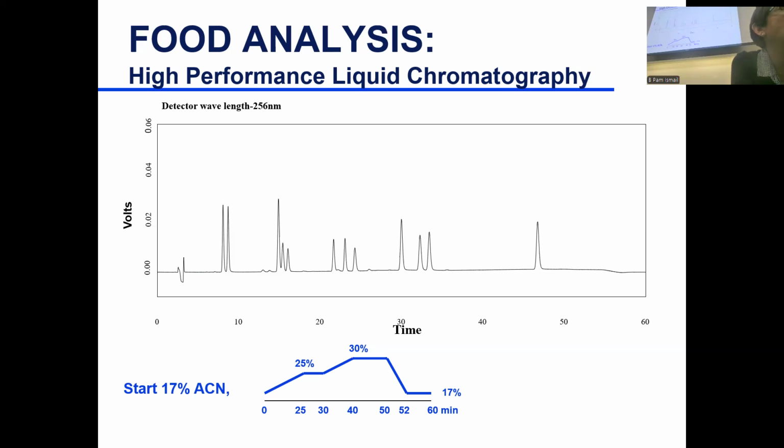So we start with polar, and then we increase the acetonitrile, so it's becoming less polar over time. When you start with a relatively polar mobile phase, then your stationary phase is relatively non-polar, and that's reverse phase. So from this you can tell that I'm increasing the organic phase, so the polarity is going down. That means it is reverse phase. Okay, good.